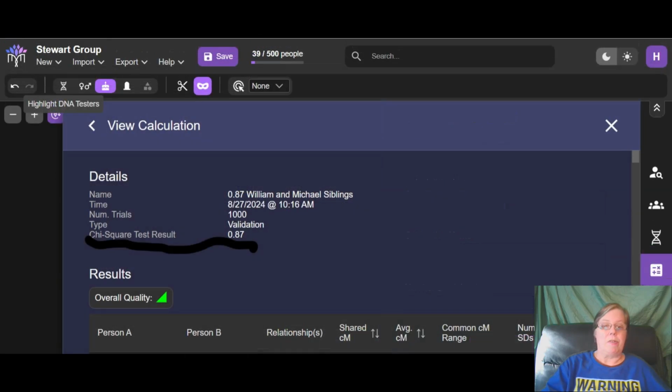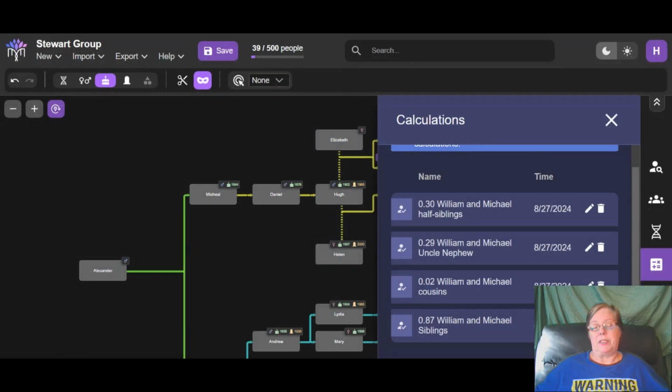Running each scenario, I got the following chi-squared values. 0.87 for siblings, 0.29 uncle nephew, 0.02 for first cousins, and 0.30 for half siblings. This made me fairly confident that they were siblings.